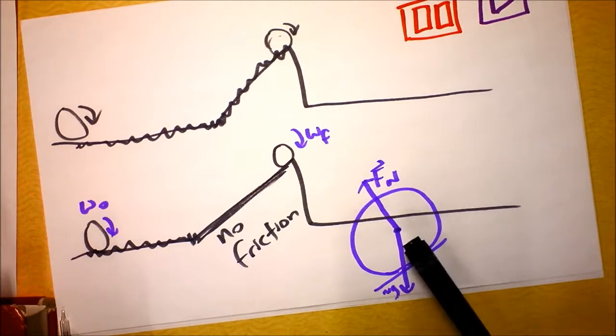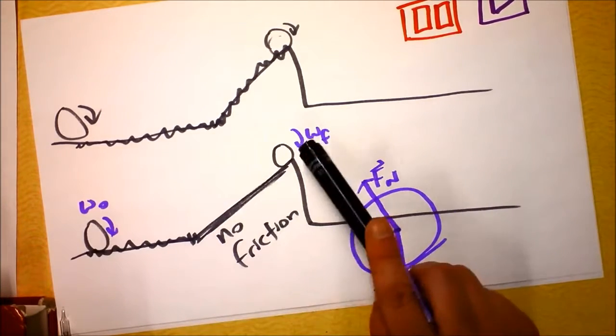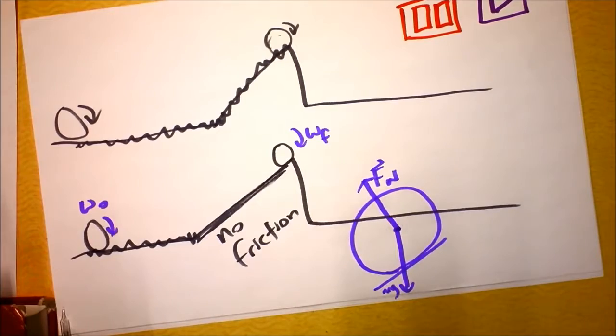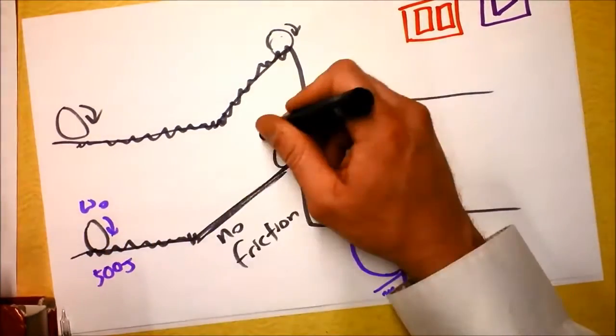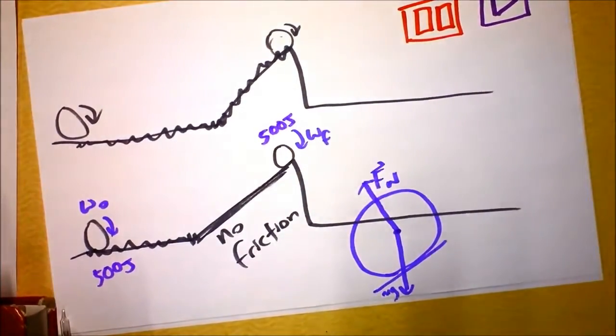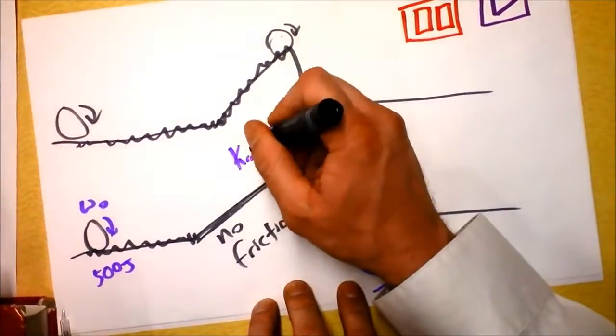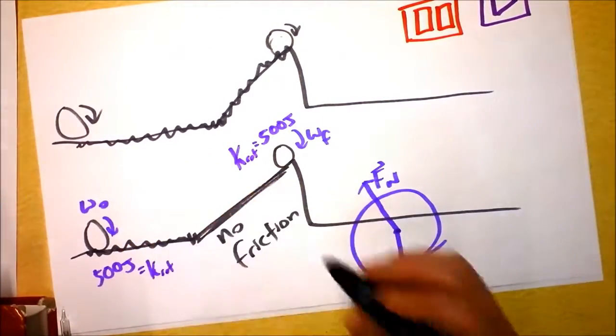So the ball does not slow its rotation and does not increase its rotation. Whatever energy it had trapped up in rotation here is also trapped up in rotation there. That's 500 joules worth. K rotational equals 500 joules. Is that okay with you?